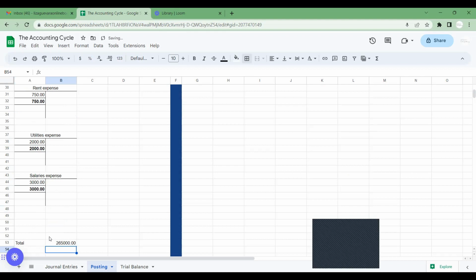So the total of the debit side is 265,000.